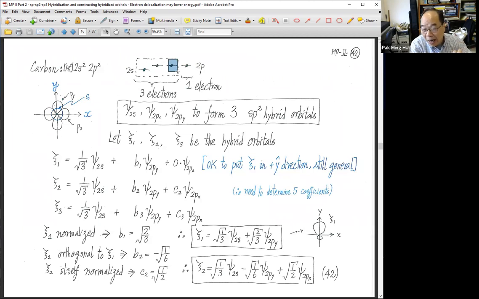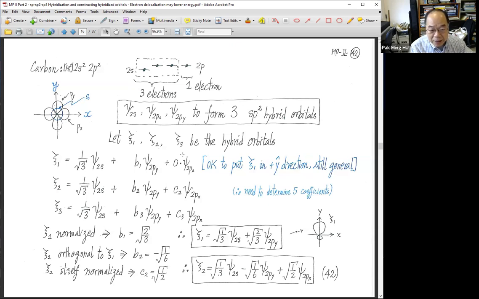Whether you call it xy is arbitrary, but once you put it there, you can call this the xy plane. Therefore, we are going to linearly combine 2s, 2px, 2py. Three things from carbon go into a black box, linearly combined, and therefore 3 sp2 hybridized orbitals must come out.